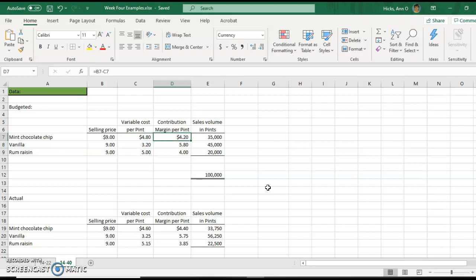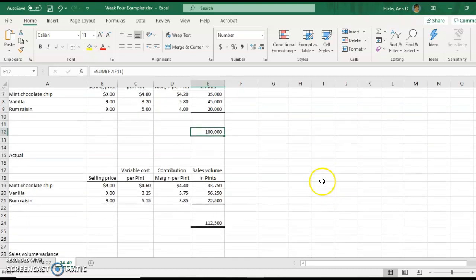And then we have a budgeted contribution margin per pint that's identified here, which is nothing more than the difference between the selling price and the variable cost. And then here are our budgeted volume in sales. So we're anticipating 35,000 pints of mint chocolate chip, 45,000 of vanilla, and 20,000 of rum raisin for a total budgeted sales of 100,000 pints.